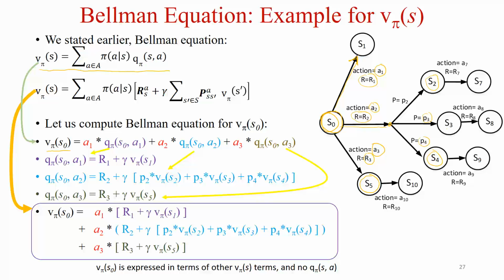Now, the state value of S0 equals action A1 multiplied by the action value function when leaving S0 using action A1, plus A2, which is action 2, multiplied by the action value function when leaving S0 using A2, plus action 3 multiplied by the action value function when leaving state 0 using A3.